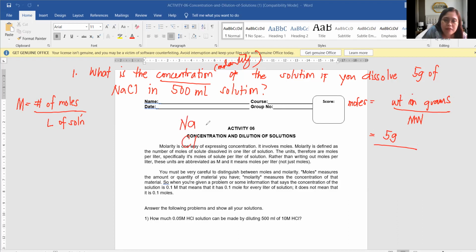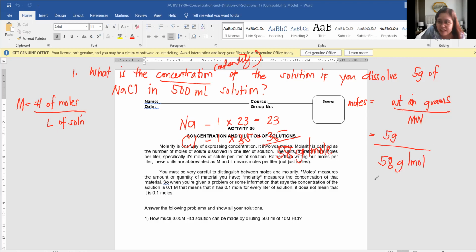It's 58. But for the sake na mapakita natin siya, this is how we computed a while ago for the molecular weight of our NaCl. So this is 58 grams per mole. So ilagay mo siya dyan, class, 58 grams per mole.